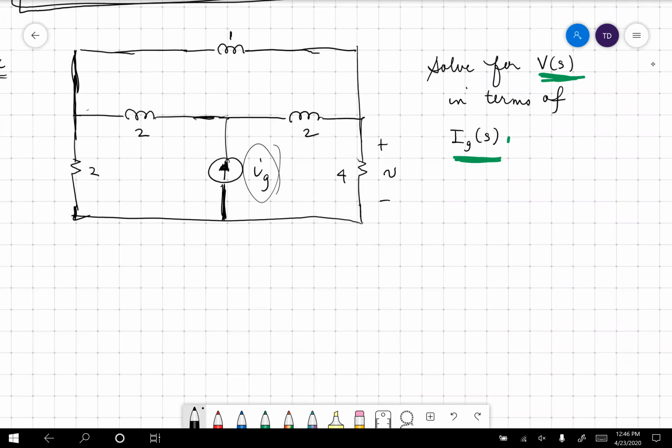Okay, this circuit, we can do mesh or nodal analysis. How many mesh equations? Three. Good. 3 mesh equations. There are 3 loops. How many equations are we going to write? 2.